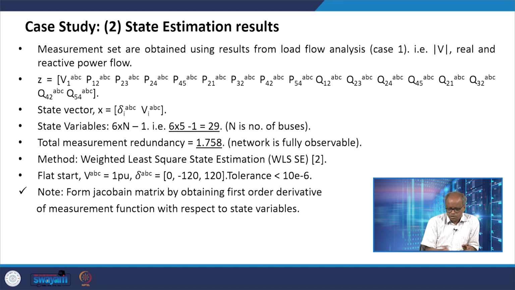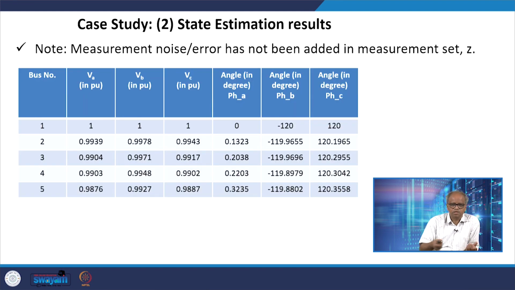Then we follow this weighted least square state estimation technique, and we take a flat start and take the tolerance to be 10 to the power minus 6, and then we form the Jacobian matrix, and so on. We follow the same process as we have said.